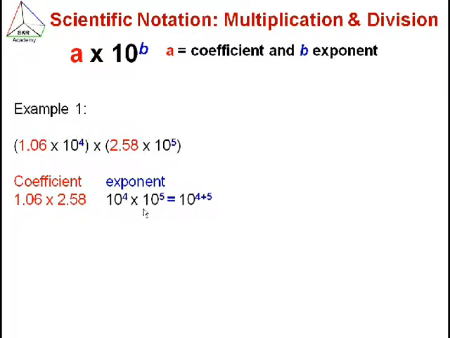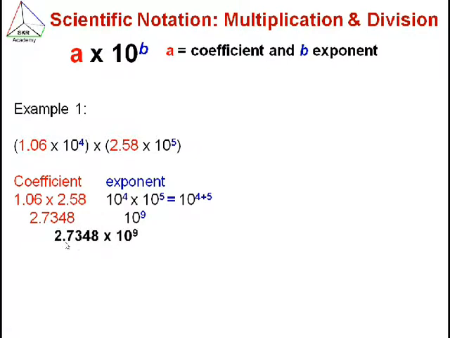When we multiply these powers, basically the powers get added. In multiplication, the exponents get added, so the result will be 2.7348 and 10 raised to the power 9, because we add 4 and 5.